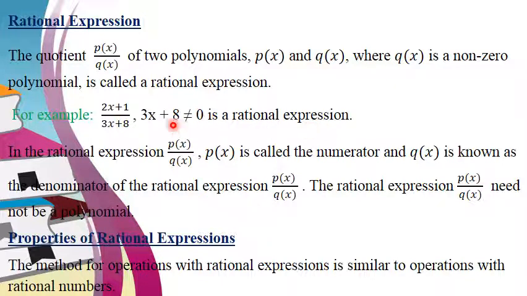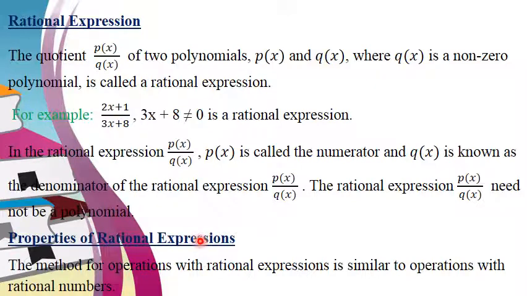As I told you, it is compulsory for the rational expression that your denominator should not be equal to 0. In the rational expression p of x upon q of x, p of x is called the numerator and q of x is known as the denominator. The rational expression p of x upon q of x need not be a polynomial.